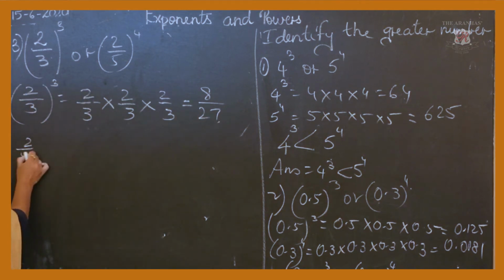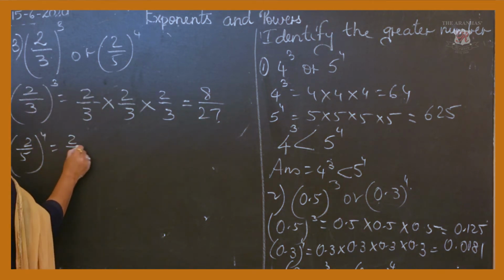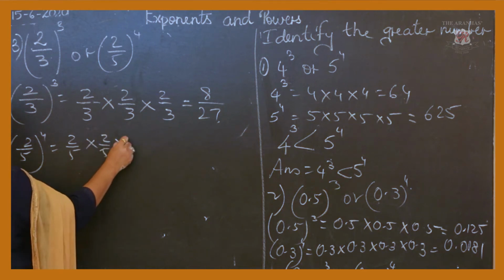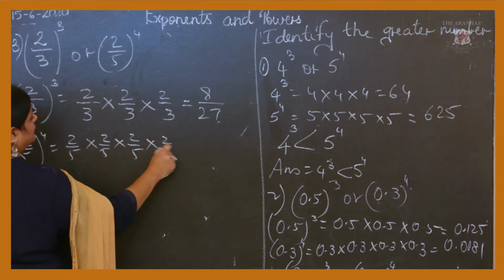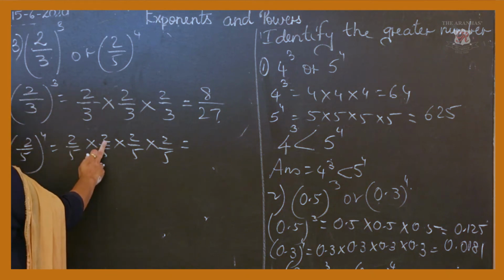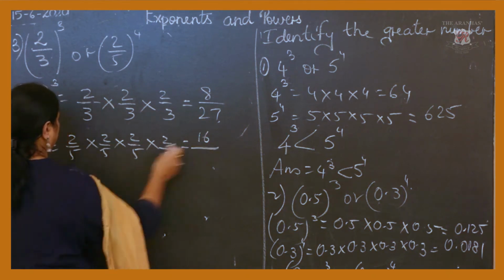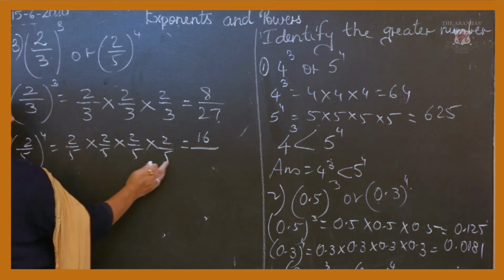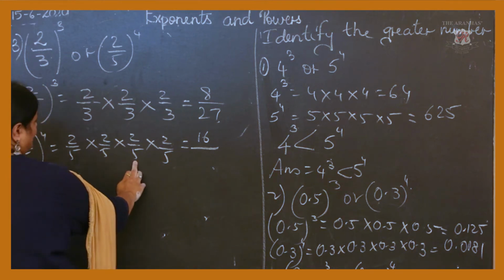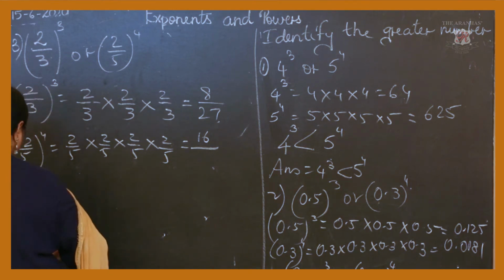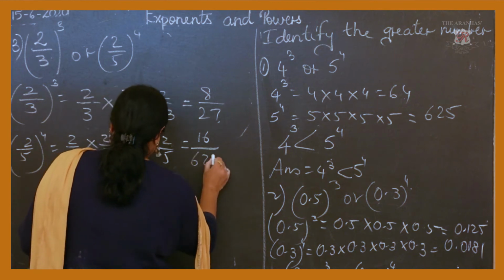Now 2 upon 5 to the power of 4 is 2 upon 5 into 2 upon 5 into 2 upon 5 into 2 upon 5. 2 2s are 4, 2 4s are 8, 2 8s are 16, upon 5 5s are 25, 25 5s are 125, 125 into 5 will give you 625.